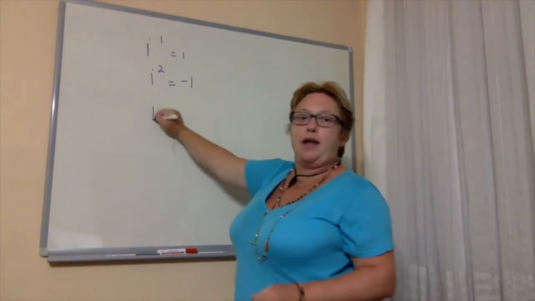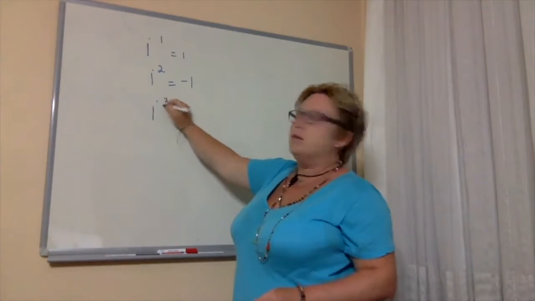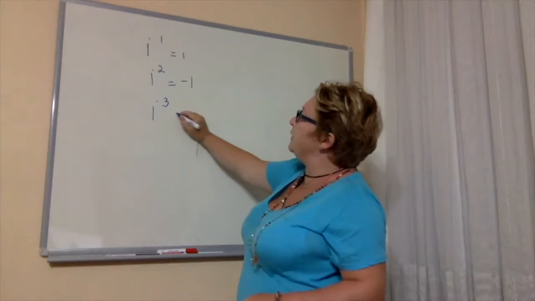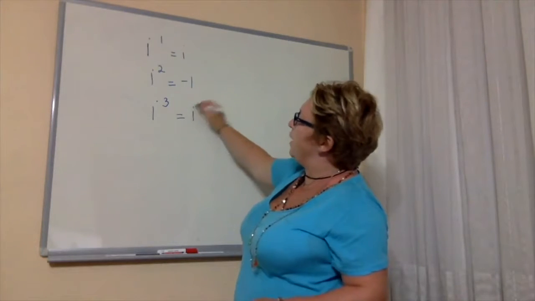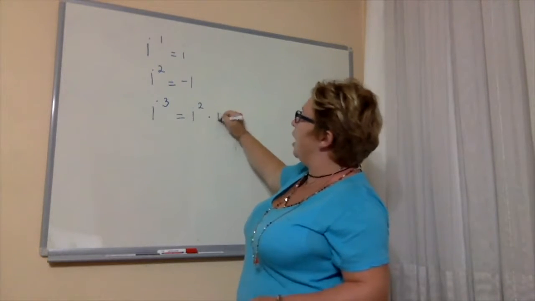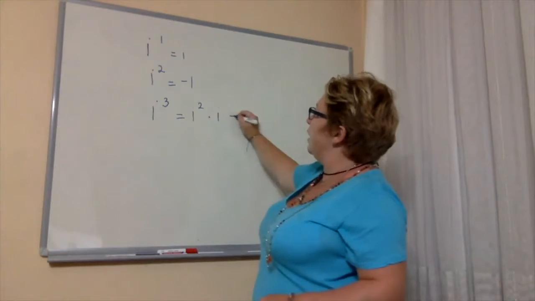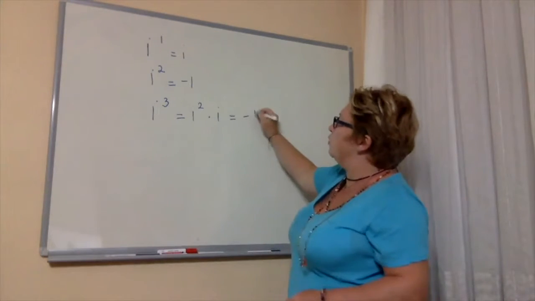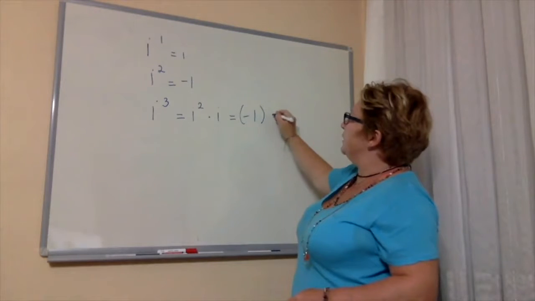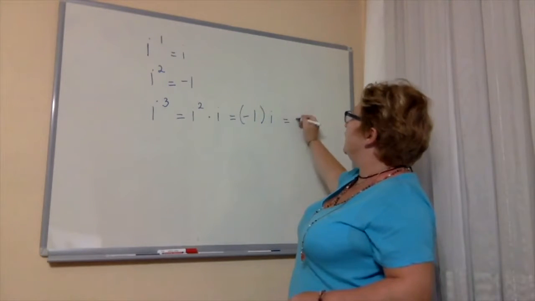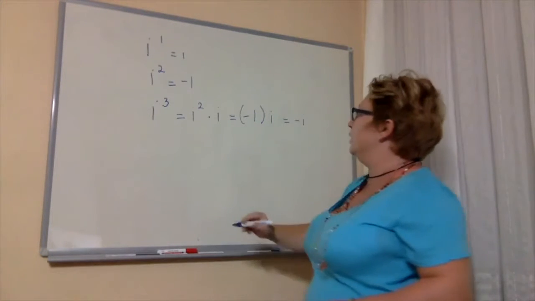Now what about i cubed? So if we take i cubed, we can think of this as i squared times i. And since i squared is negative 1, we can simply say i cubed is negative i.